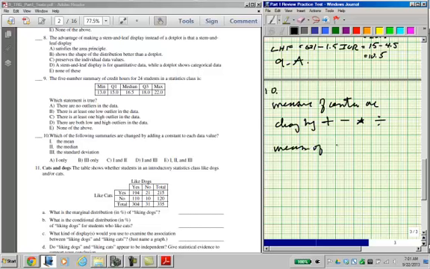Measures of spread are only changed by multiplication or division. Okay, so which of the following summaries are changed by adding a constant, sliding it left or sliding it right? The mean and the median. Standard deviation? No. So the answer is C, 10C, the mean and the median.